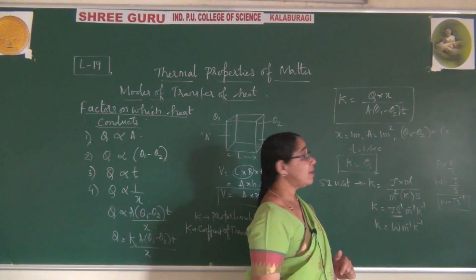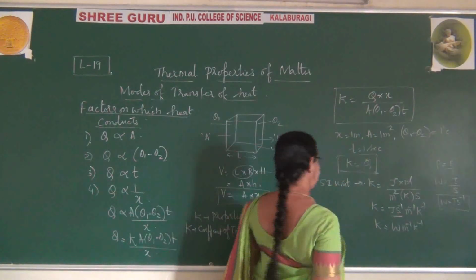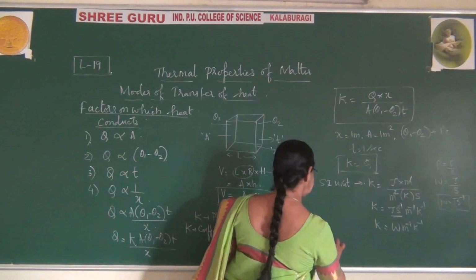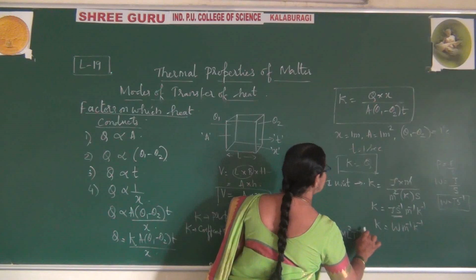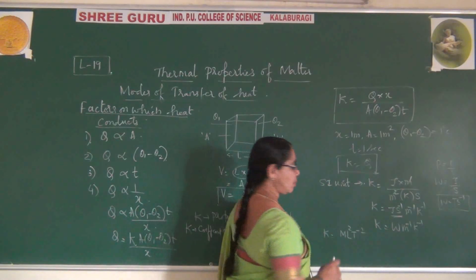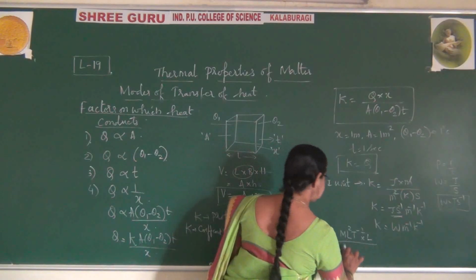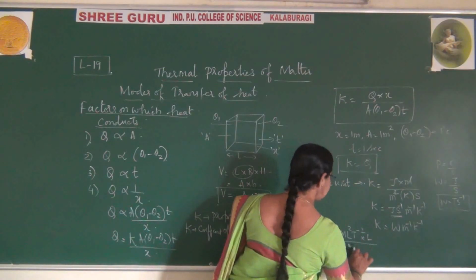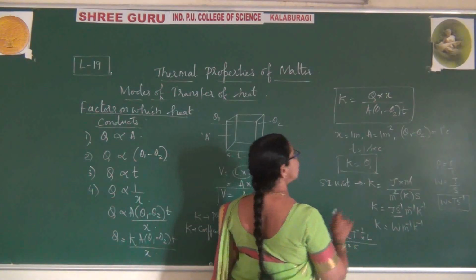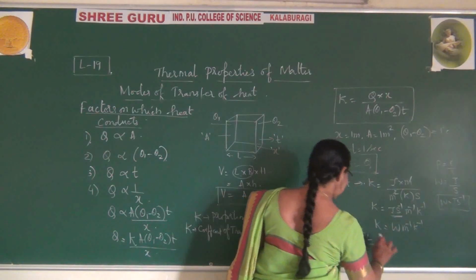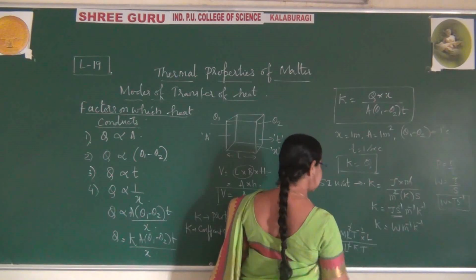Similarly, let us write the dimensional formula for this. How to write the dimensional formula? Let me show you. K is equal to M L square T raised to minus 2, because this is the dimensional formula of energy, into L, since distance is measured in length, over L square. The temperature is measured in Kelvin, and time is measured in seconds, so I write time as T. Now this L square gets cancelled.